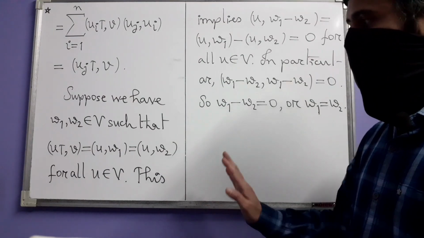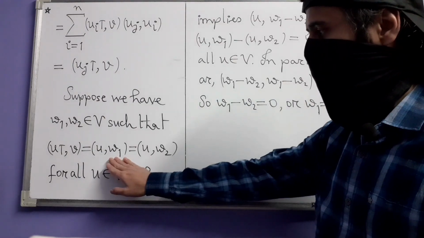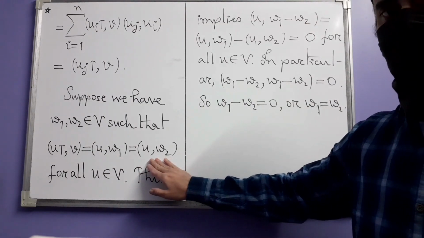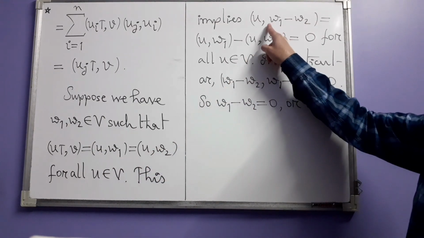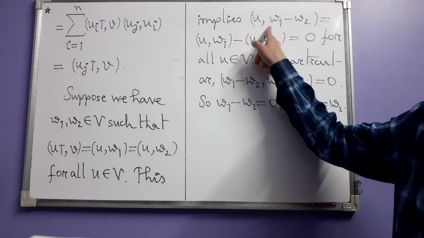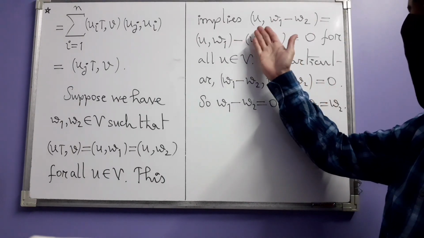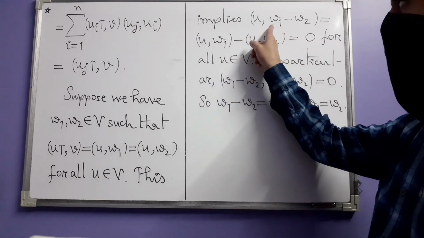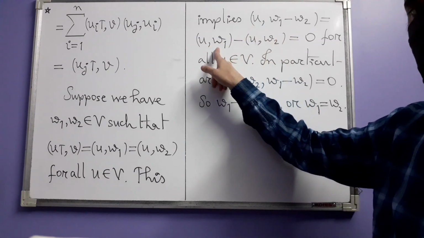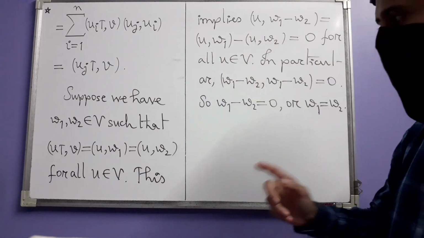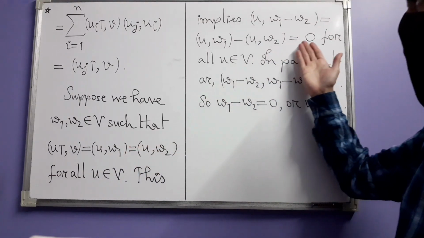So now next what we do, we are going to use the fact that these two things are equal and consider this inner product of u with w1 minus w2. By the linearity properties of inner product, you already know these things. This equals u comma w1, this inner product, minus u comma w2. And because these two are equal, this becomes 0.